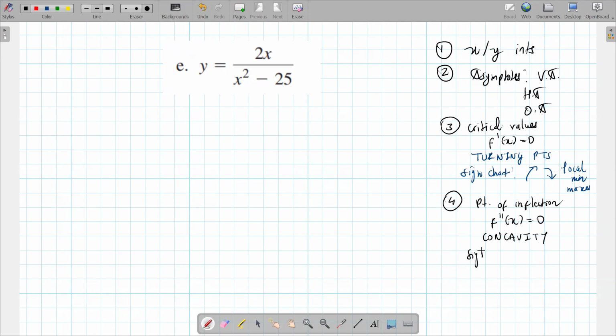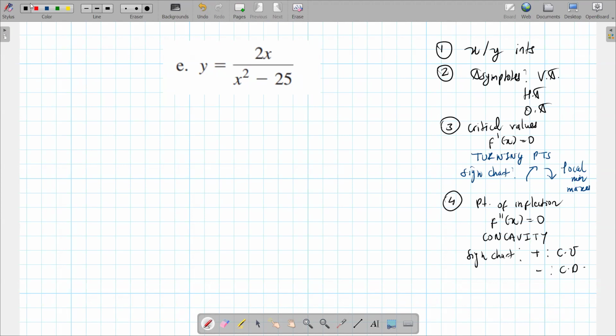Again, you want to make a sign chart. So this one, if it's positive, then that means you're concave up. If you're negative, that means you're concave down. So there you go. That's the algorithm. And hopefully with this information, you can sketch the curve as precisely as possible by hand.